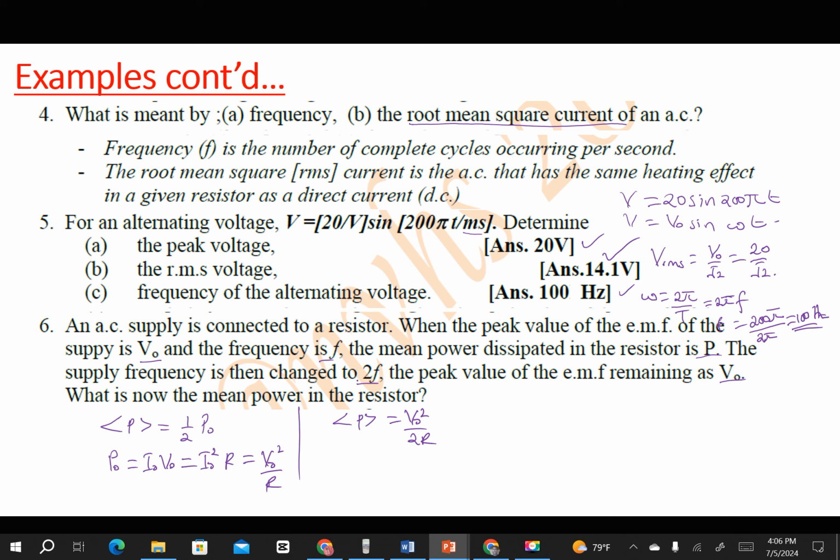So whether the frequency is doubled, the average power is going to remain the same because it is independent of the frequency.